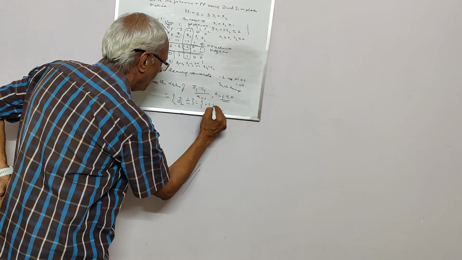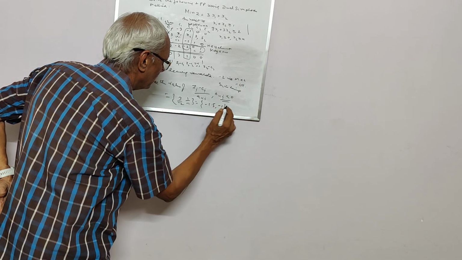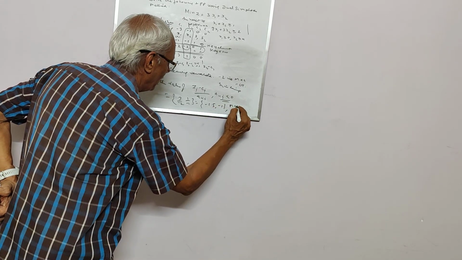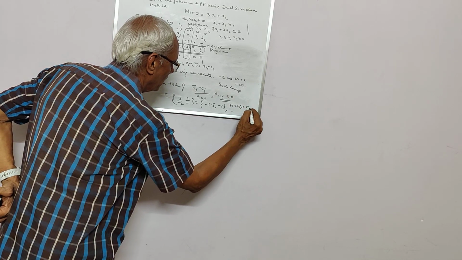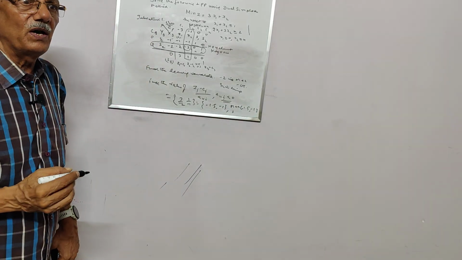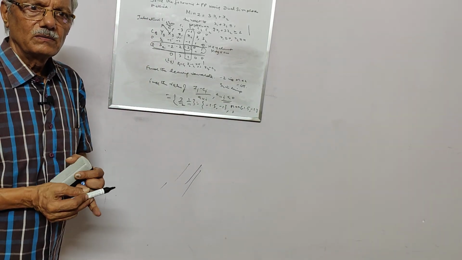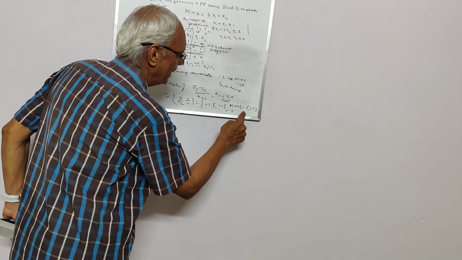Now this is equal to minus 1.5 and minus 1. So max of minus 1.5 and minus 1. What is the maximum of minus 1.5 and minus 1? Which is your maximum? See, minus 1.